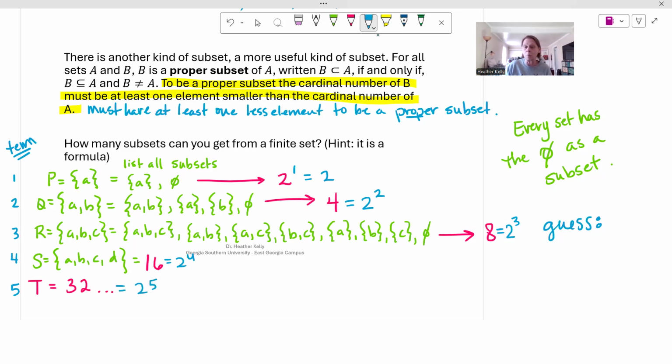It looks like we've got our pattern. So I think that the number of subsets is equal to 2 to the n. And that is actually true.